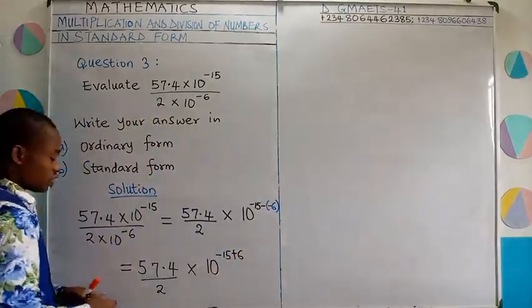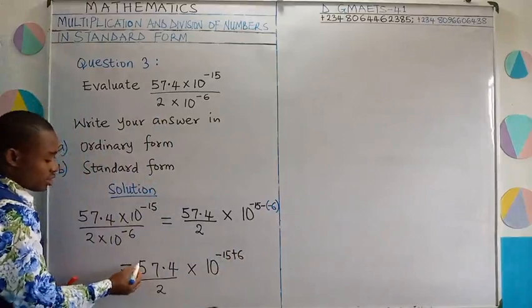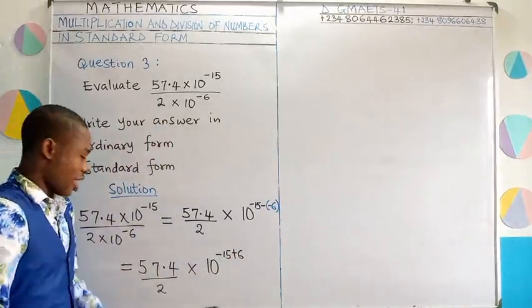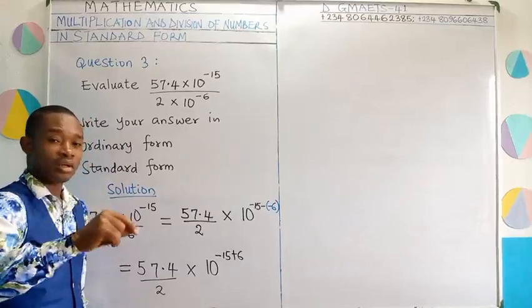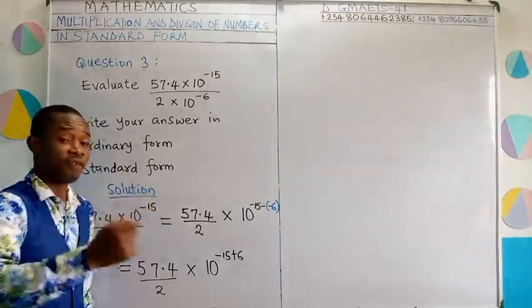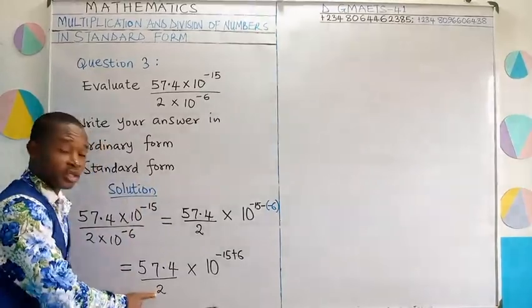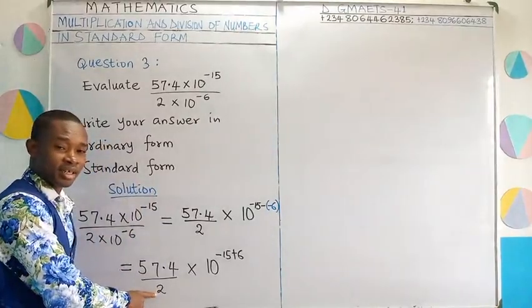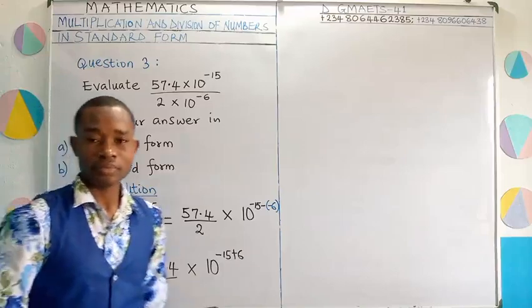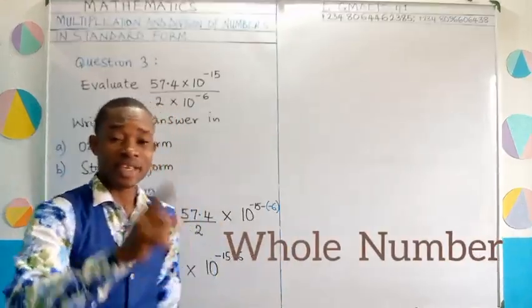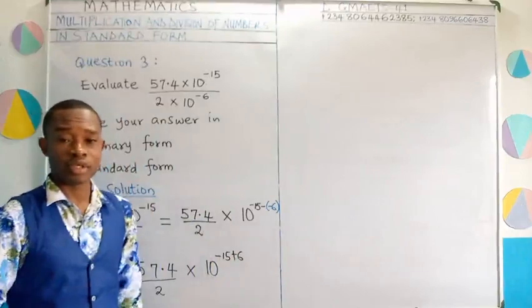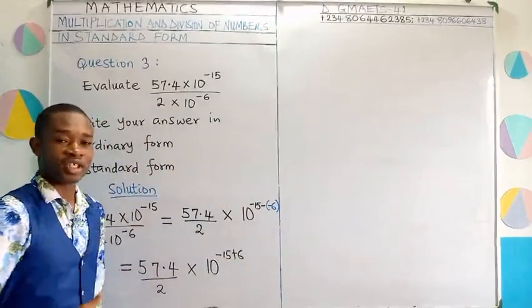Coming over here, let's do the division and see. Before I go ahead with the division, look at the denominator. Is it a decimal number or a whole number? You are correct. It's a whole number, not a decimal number. So in this case, you can do your division directly.